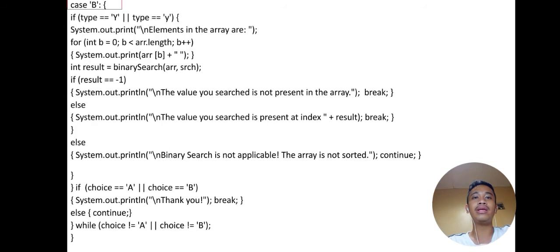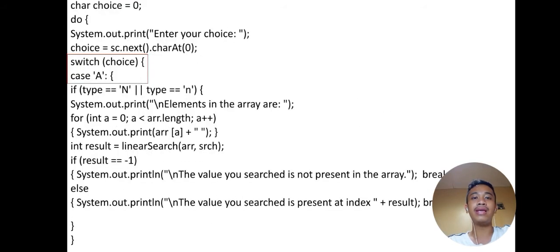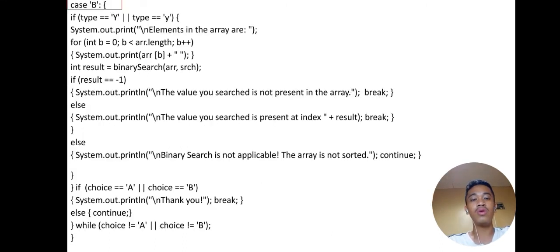Since we have only case B and case A, so we have only two cases and there is no case N. So let's jump to our condition, if statement. Our value of choice is N. So N is equal to A or N is equal to B. So this means it is false, so we need to jump to our else statement.